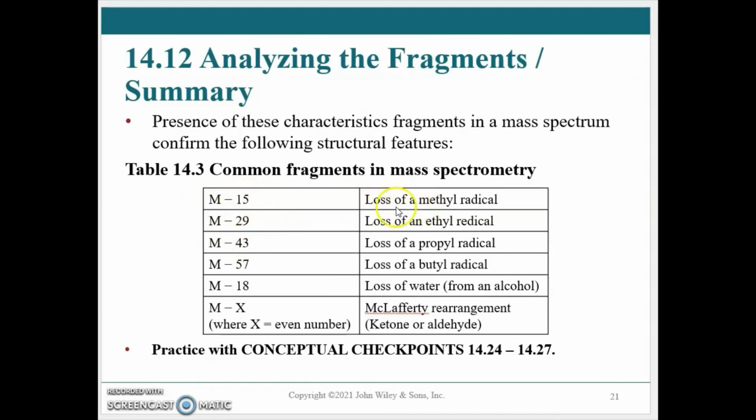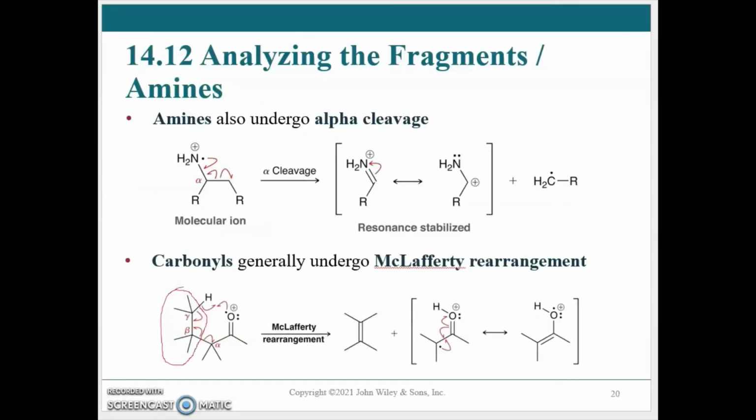But loss of a methyl radical would be loss of 15, ethyl 29, propyl, butyl, loss of water. In the McLafferty rearrangement, the value of X, the number lost, would correspond to that neutral fragment that's lost.